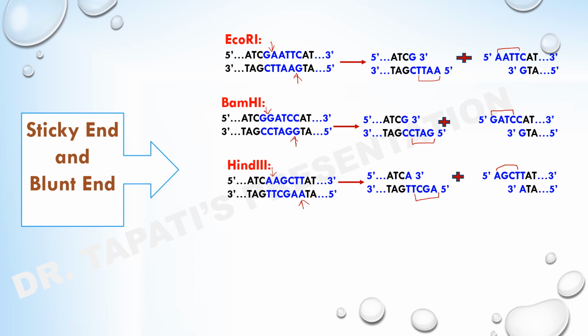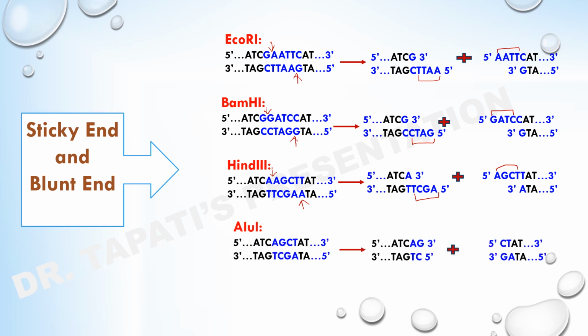Now, let's talk about the blunt end. Many restriction endonucleases make a simple double-stranded straight cut in the middle of the recognition sequence, which produces blunt ends. In that case, there will be no unpaired DNA nucleotides on either the 5' or 3' strand. That means there will be no overhangs. One example of a blunt end forming enzyme is AluI.